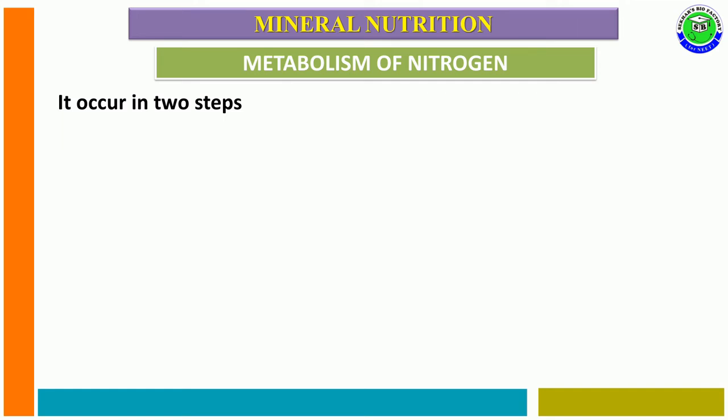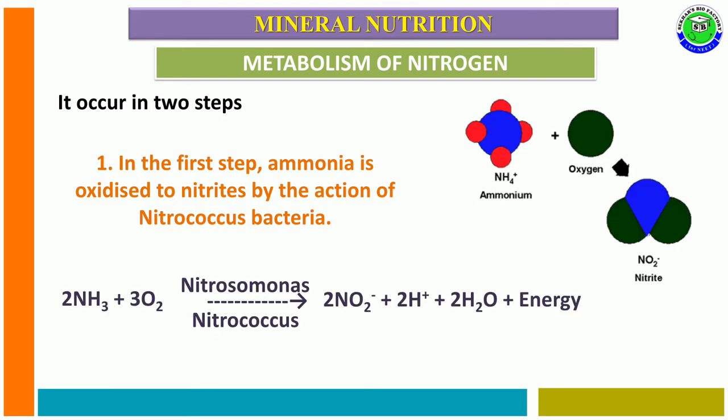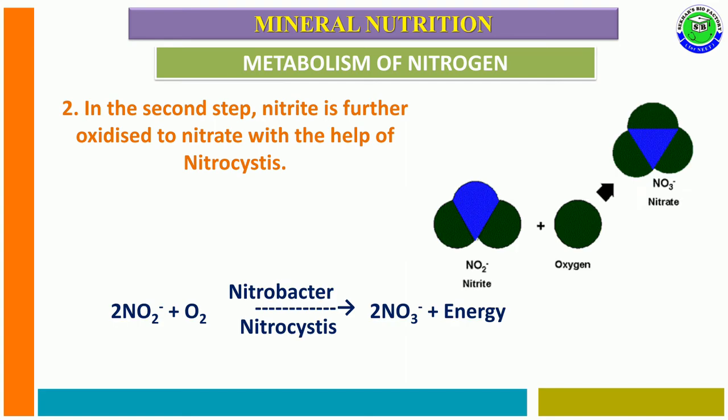In the first step, ammonia is oxidized into nitrites with the help of bacteria like Nitrococcus and Nitrosomonas. In the second step, the nitrites are further oxidized to nitrates with the help of Nitrocystis and Nitrobacter bacteria.